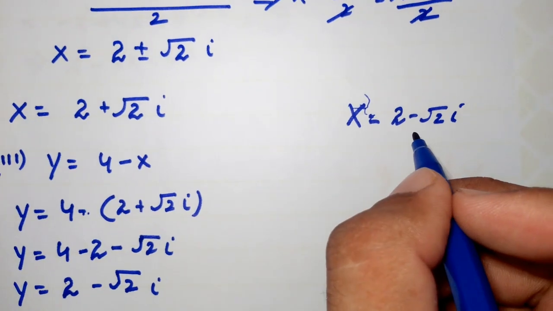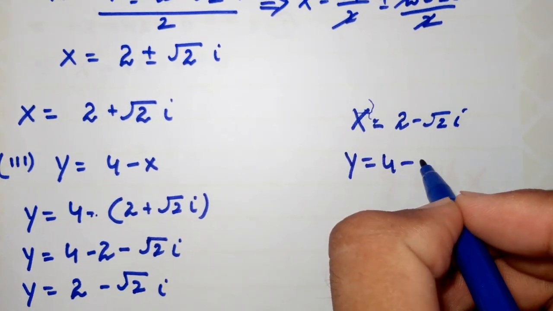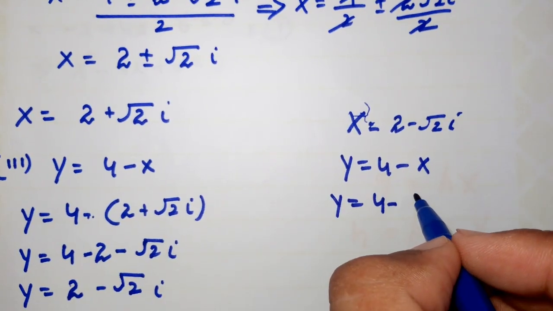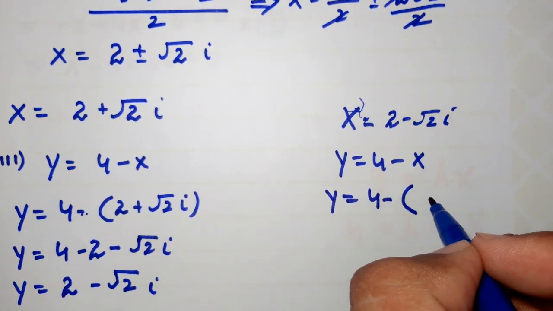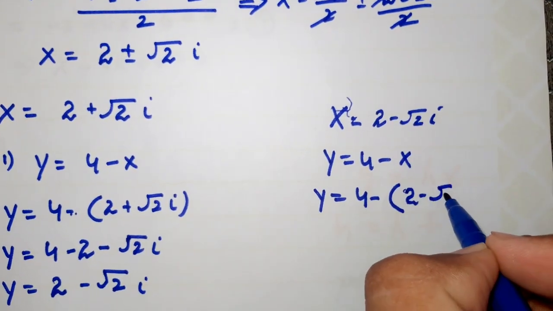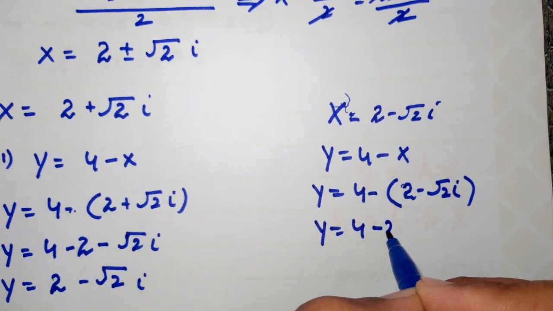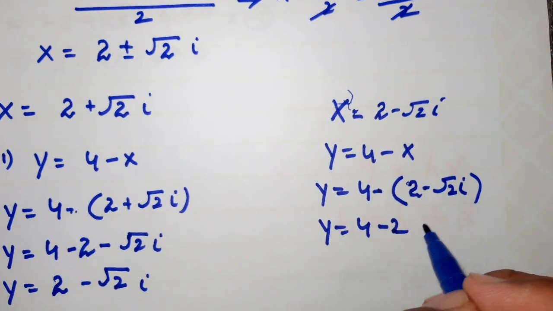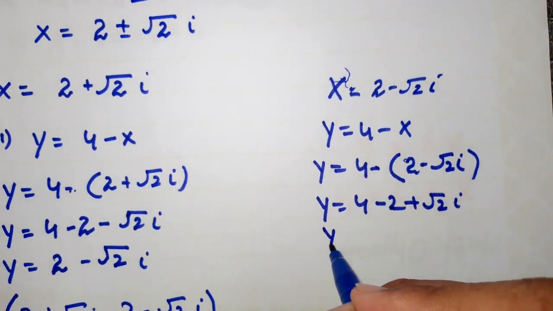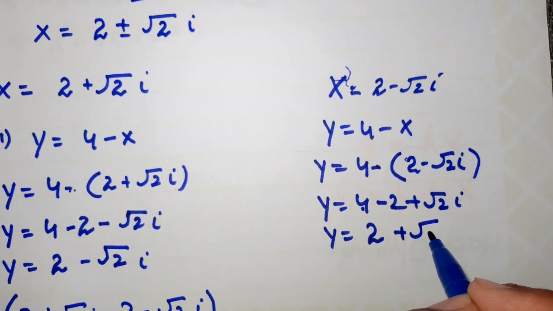Now we have to solve this side. We know that y is equal to 4 minus x. Y is equal to 4 minus x, here the x is 2 minus square root of 2i. Y is equal to 4 minus 2, minus multiply minus is equal to plus square root of 2i, and y is equal to 4 minus 2 is equal to 2 plus square root of 2i.